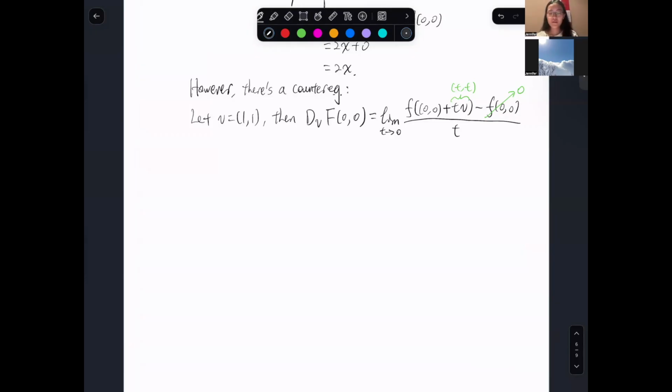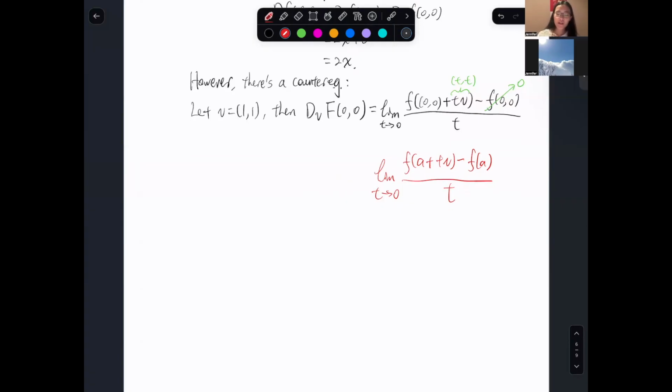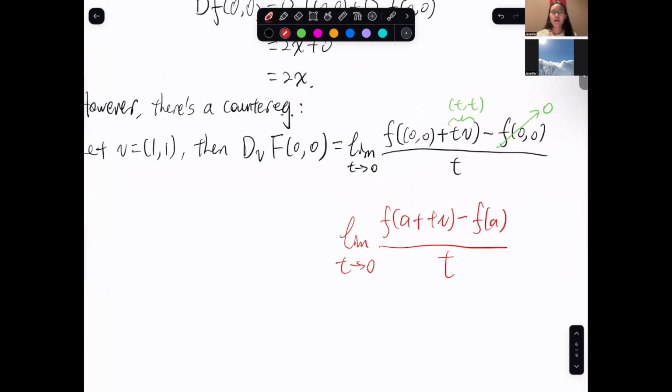Now, if you are not super familiar with directional derivatives, here is a hint of how to think about it. When you first see the form limit of f(a + tv) minus f(a) over t as t goes to 0, it may seem daunting at first, but this is really just a modification of the partial derivative.